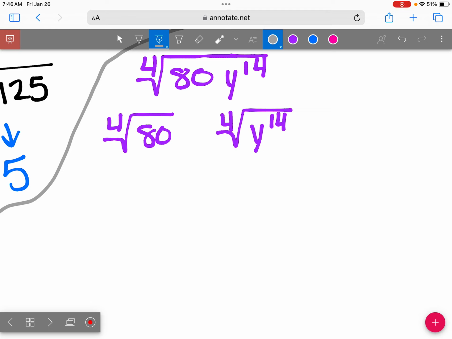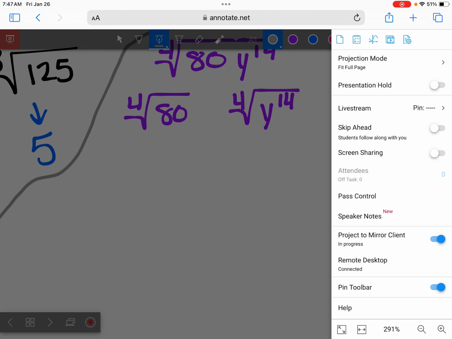Are any of those factors of 80? We know it's not 3, because 81 is in fact bigger. Does 16 go into 80? Utilizing tools at our disposal, yeah.